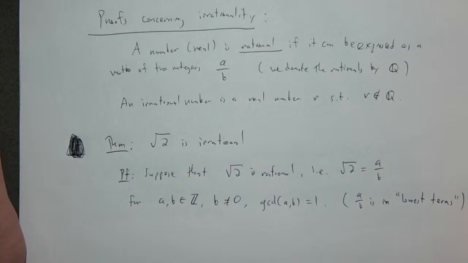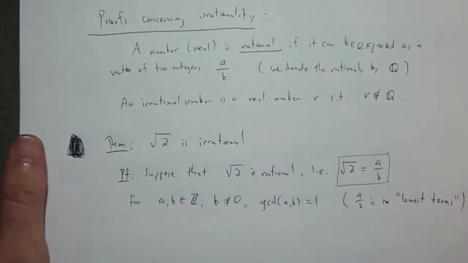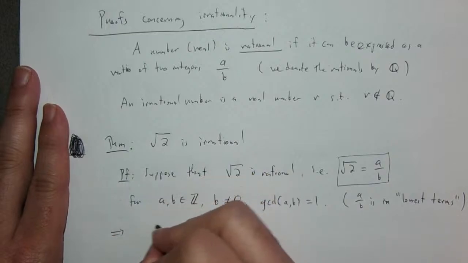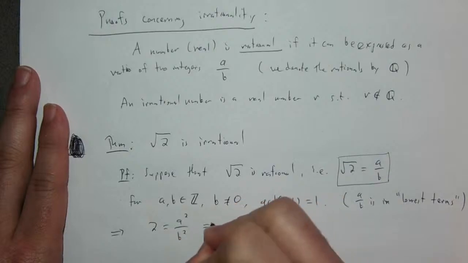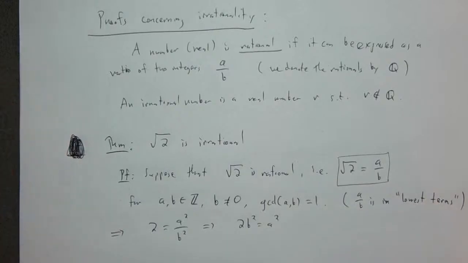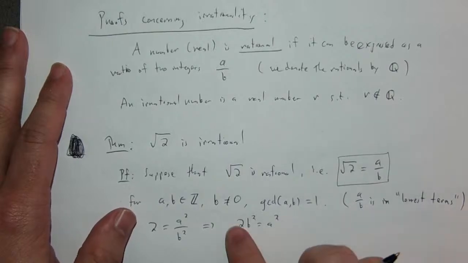Well, I look at this, square both sides and multiply both sides of the equation by b squared. So this implies that 2 is equal to a squared over b squared, which implies that 2b squared is equal to a squared. Now, here's a fact that you can convince yourself of really quickly. a squared is 2 times b squared, so a squared is 2 times some integer.